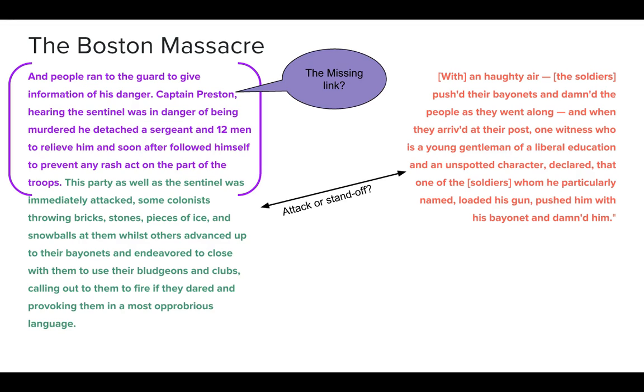Was it really in defense, or was it an offensive by the sentries who were standing at the customs house? And I've identified that the missing link in both of these retellings is Captain Preston, the guy that was actually giving the orders and was there at the scene at the time, because Adams and Gage both weren't present at the scene.